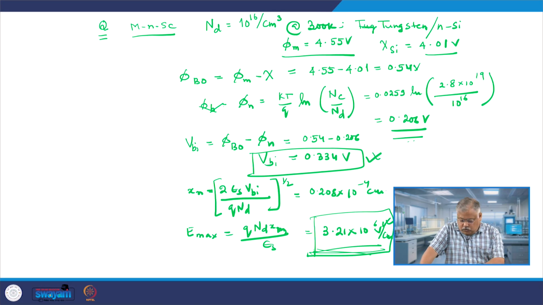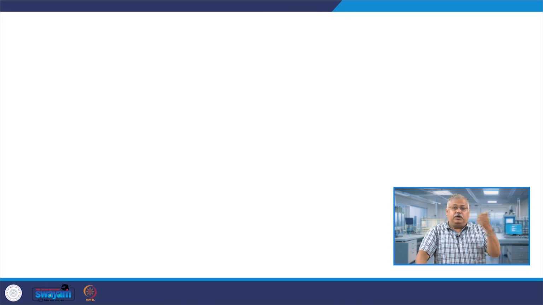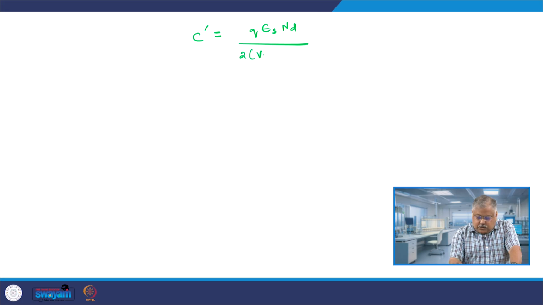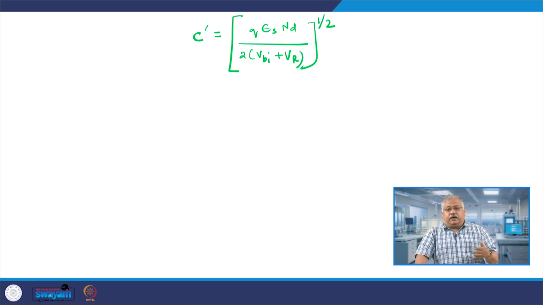Now, if you want to find out capacitance per unit area for this metal semiconductor contact, then C prime equals Q times epsilon S Nd divided by 2 times V built in plus Vr, to the power 1 by 2. This is my C prime. Why capacitance per unit area?